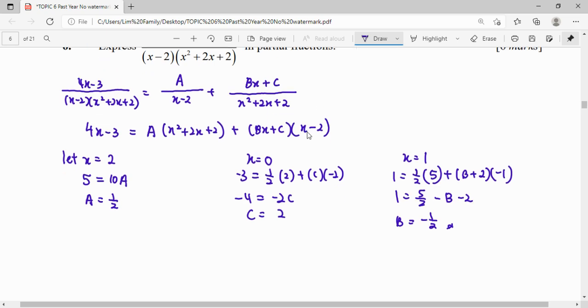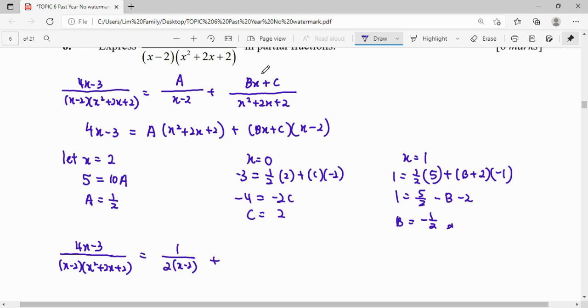Then we substitute back our A, B, C. Our A is 1 over 2, so I put the denominator 2 together with x minus 2: 1 over 2 and then x minus 2.